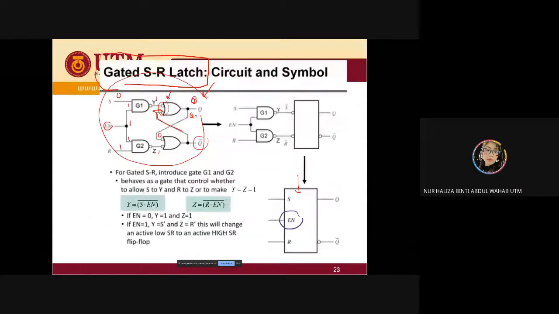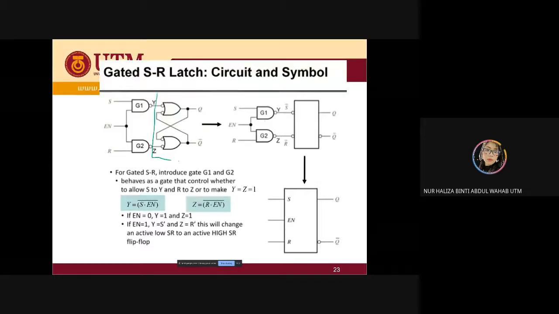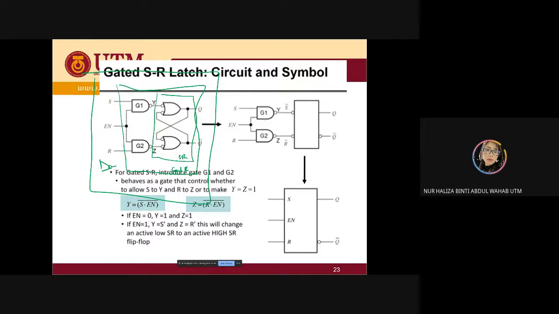Here, you can see this is your gate, this is your SR latch. When you have another one here, all together will be your gated SR. For if you have another one, a NOT gate, I do believe that is a NOT gate there, you're going to have D latch.